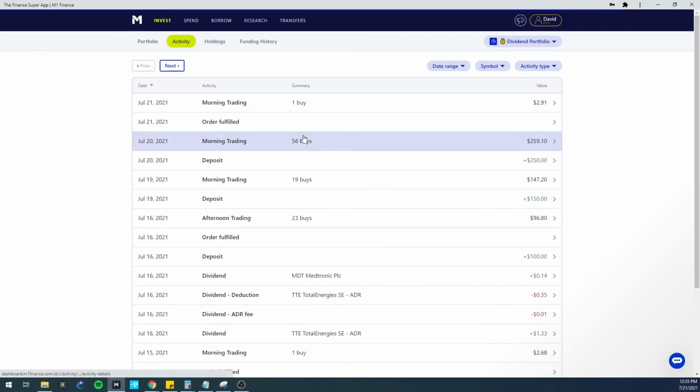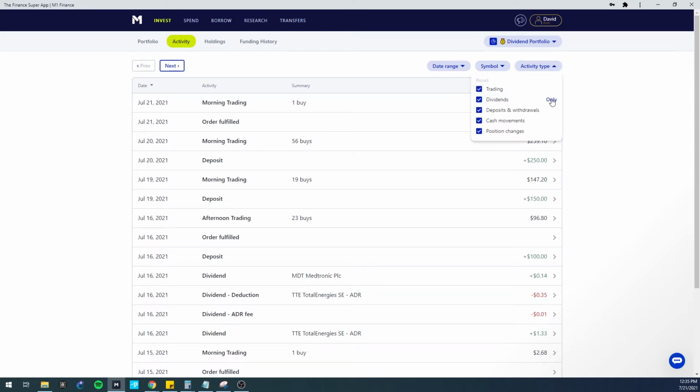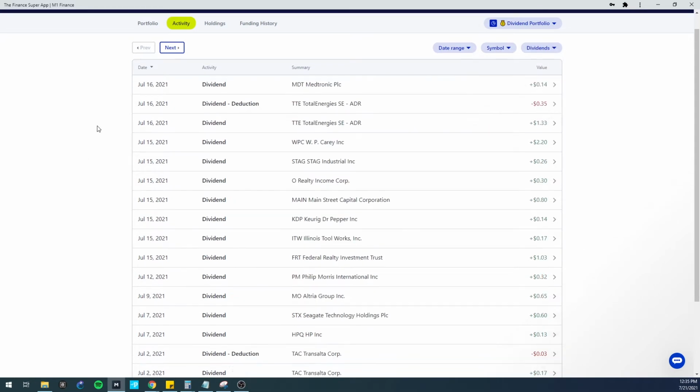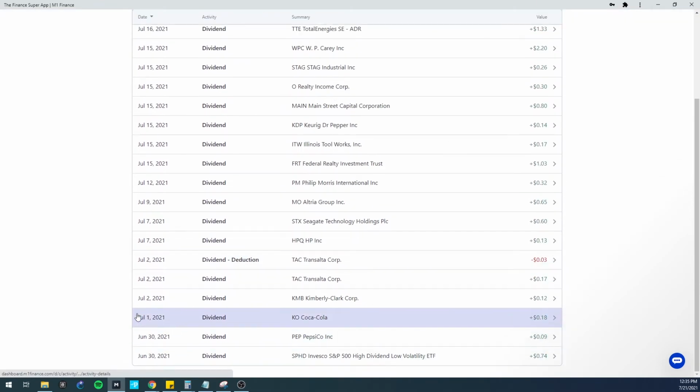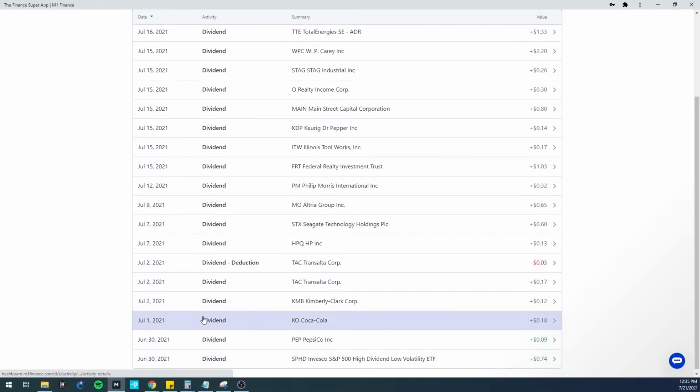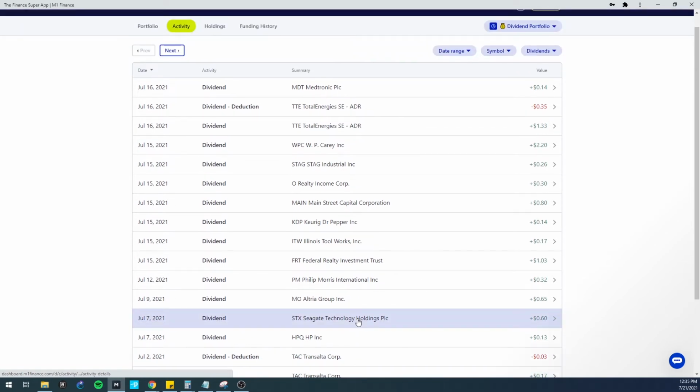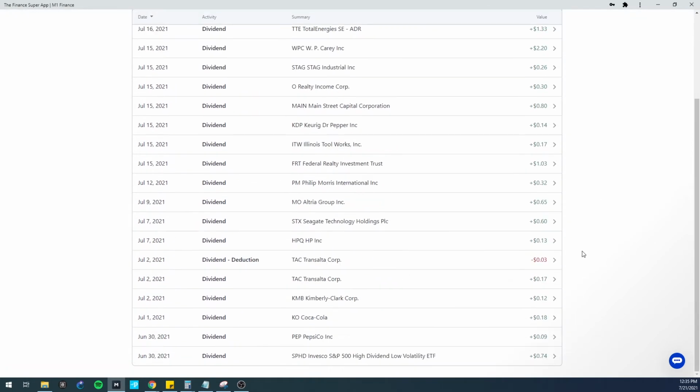And you can see that if we look into activity and show only dividends, I wouldn't say every day, but every week I get paid dividends from one of these companies. For now, because I don't have that much into each company in my portfolio, these are cents, right?